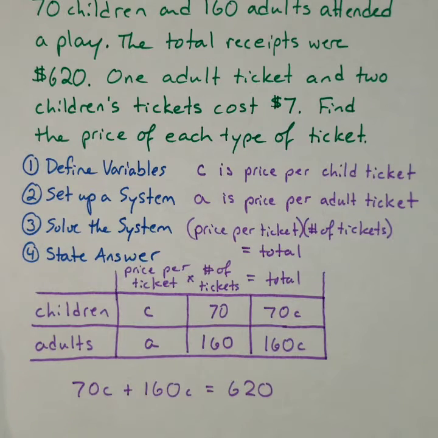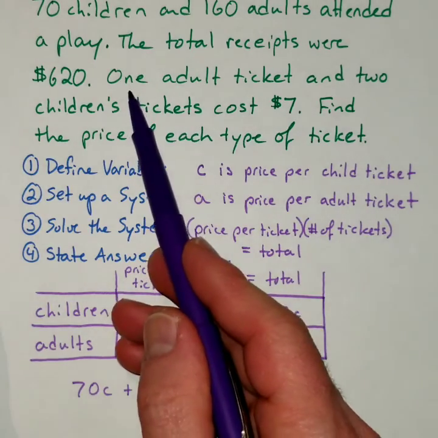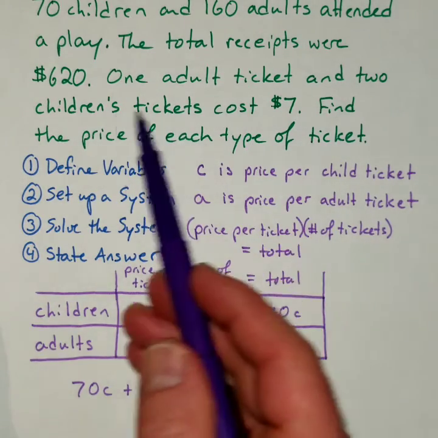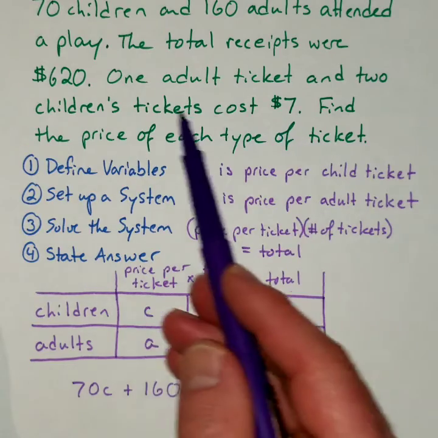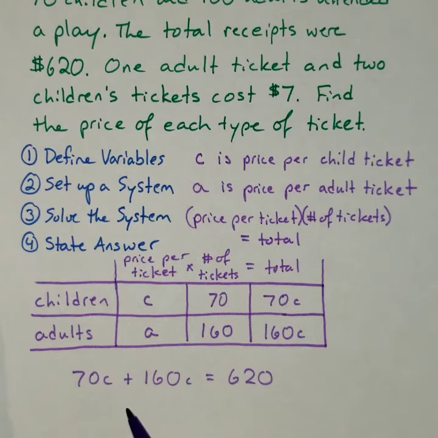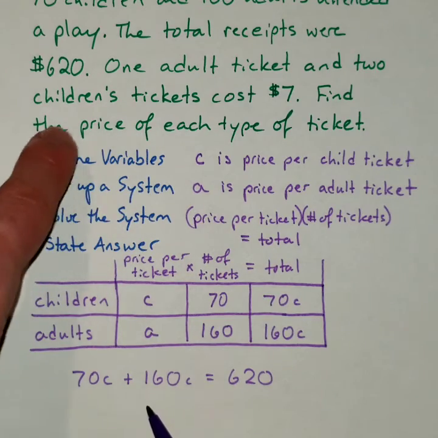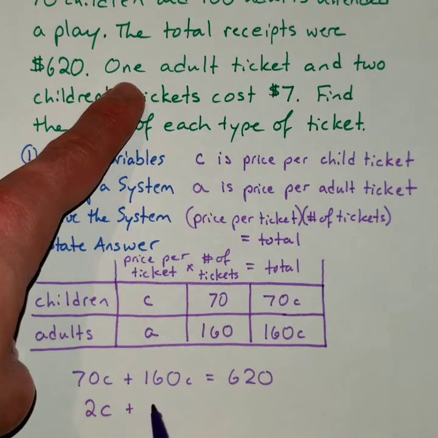The second equation comes from the individual tickets. This other sentence says one adult ticket and two children tickets cost $7. So there we have one adult and two children. I'm going to switch those around and do two children first. So that's 2C and one adult.